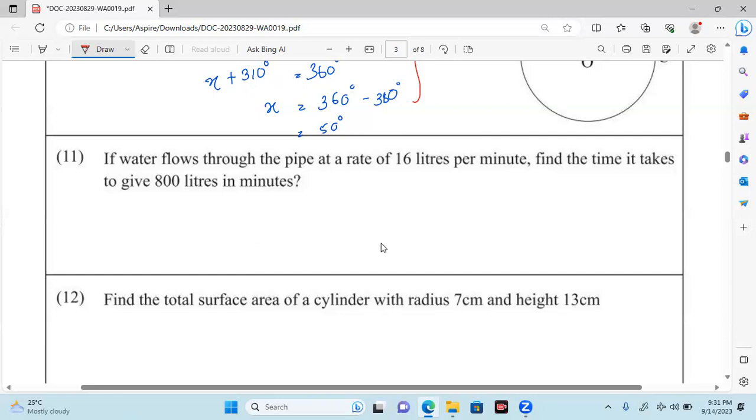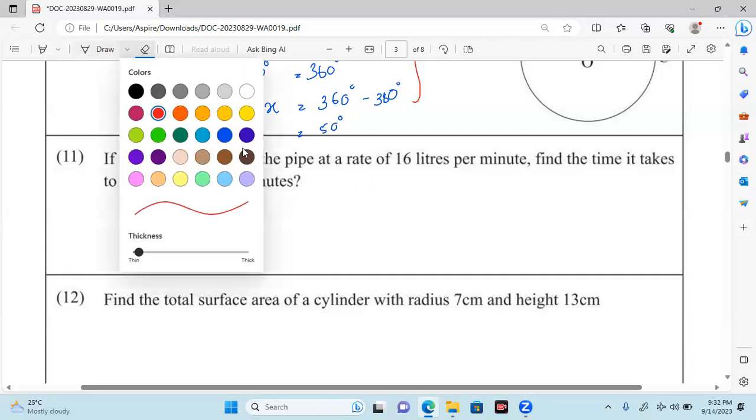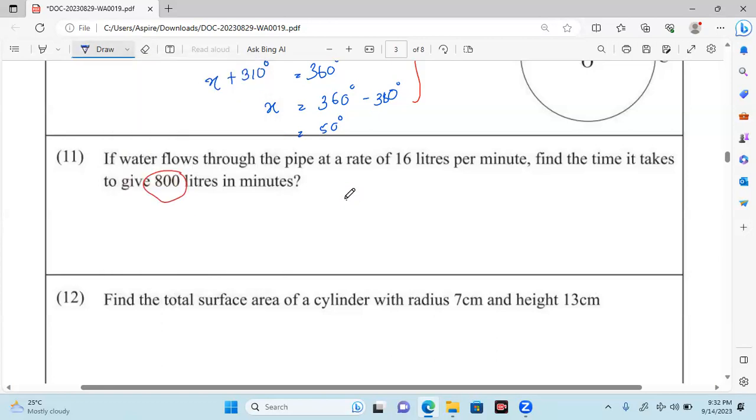Now this is the amount of liters. You have to divide this into equal parts of 16.